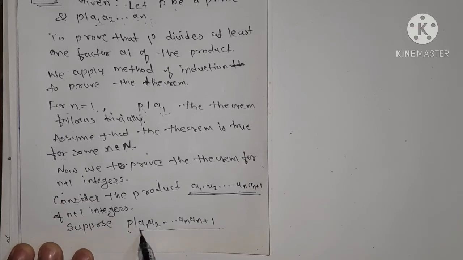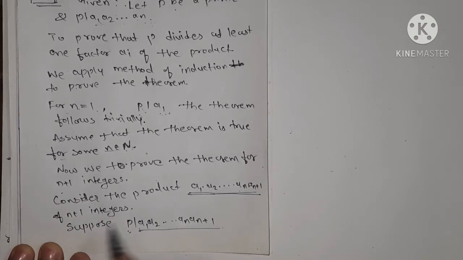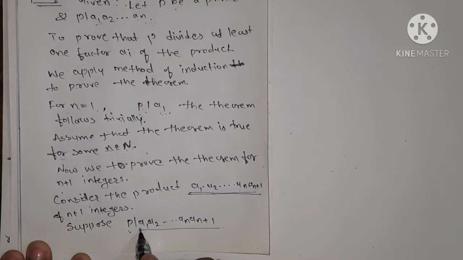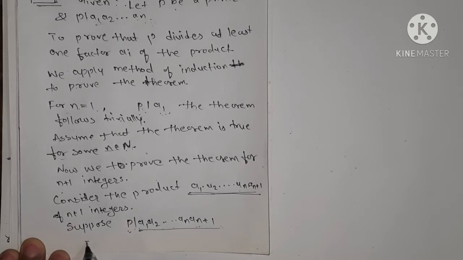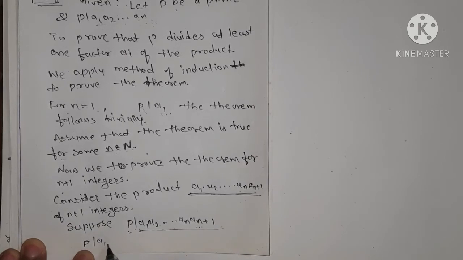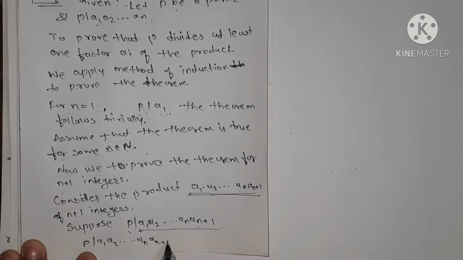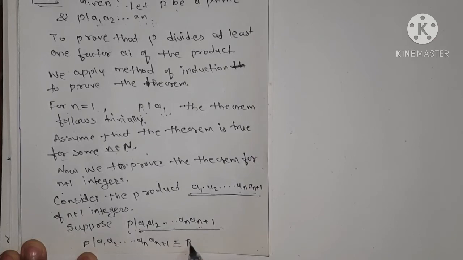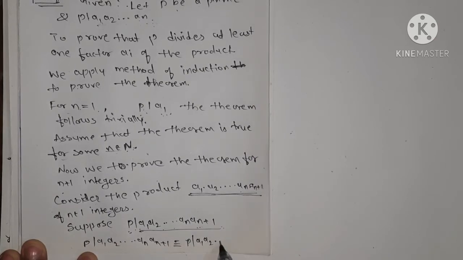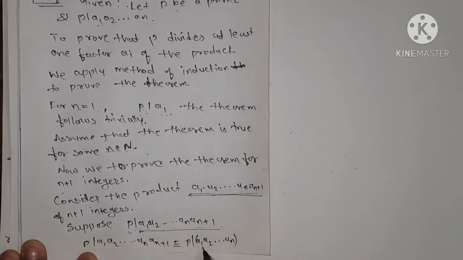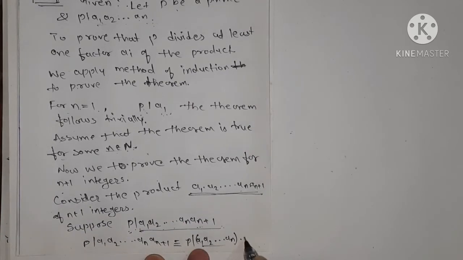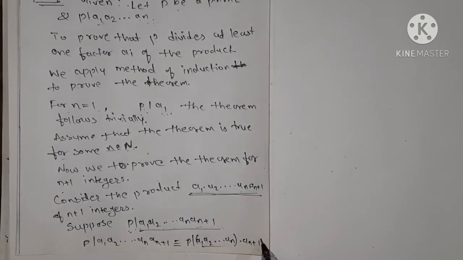So P divides A1 A2 up to An plus 1, which is equivalent to P divides A1 A2 and so on An, taking this in bracket, into An plus 1, right?